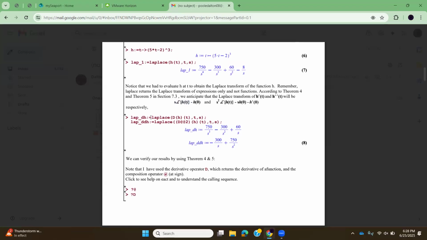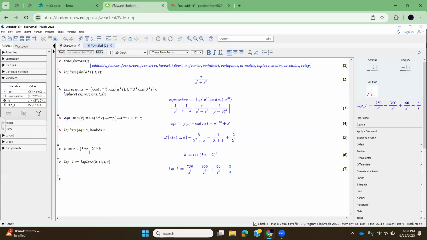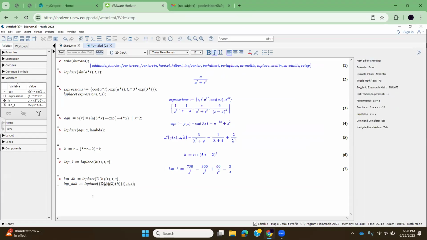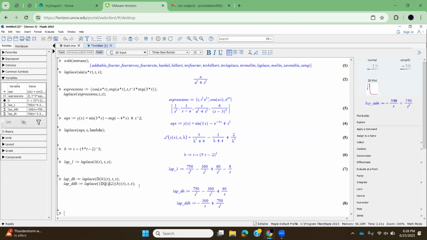Calling the LAP underscore DH is basically just naming the function for the first derivative of h and computing the Laplace transform of that. That's just how we're naming it. And so again, just more syntax stuff to get familiar with.